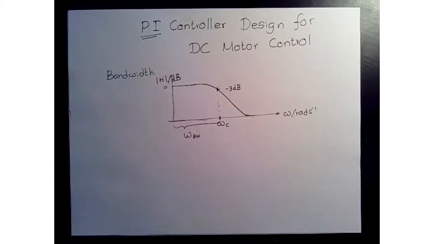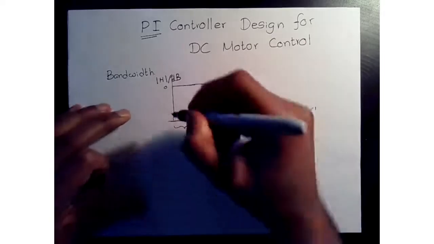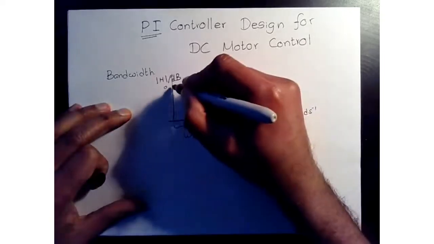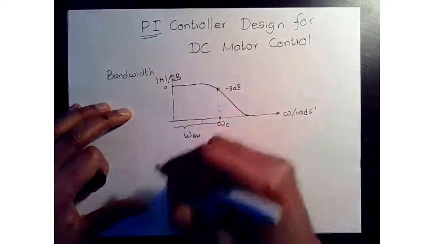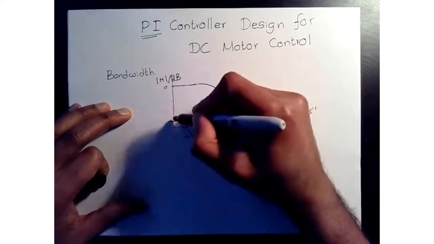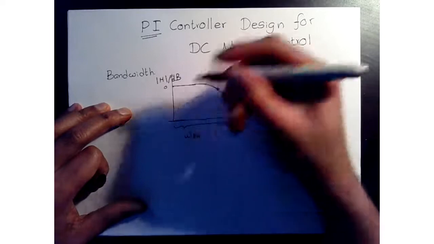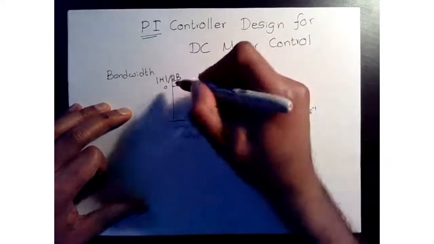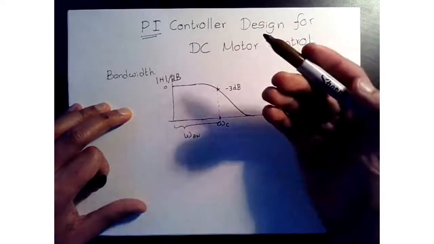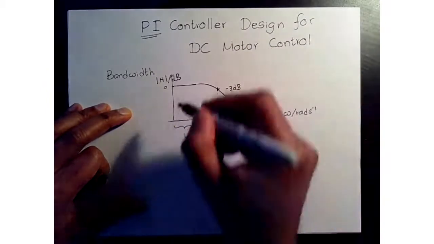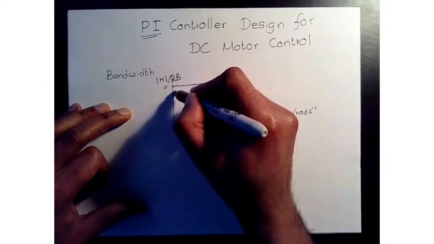Okay, now one difference that you will see is when you look at practical systems, depending on the type of system, you may not have this gain of 1 or 0 dB at the low frequency side. Sometimes, either due to the actual system functionality or due to certain characteristics, you will see a slight decay of gain.